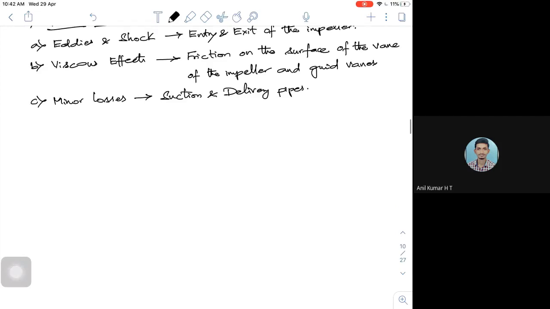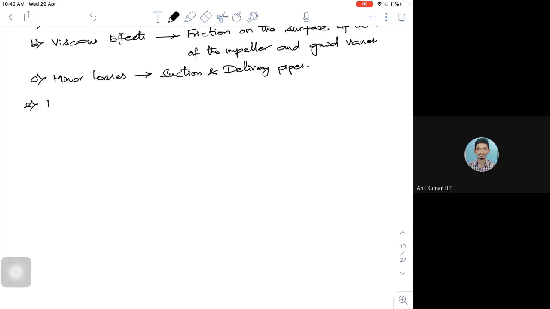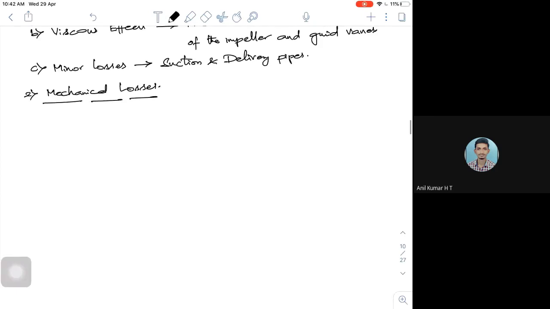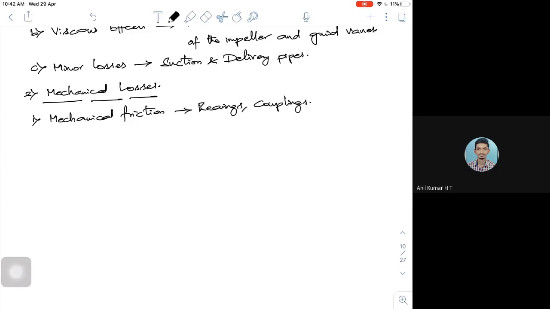The second one, the mechanical losses. The friction between the fluid and the rotor, we have already seen. There can be mechanical friction in the bearing, coupling, etc. Wherever you have mechanical parts, you can see it.